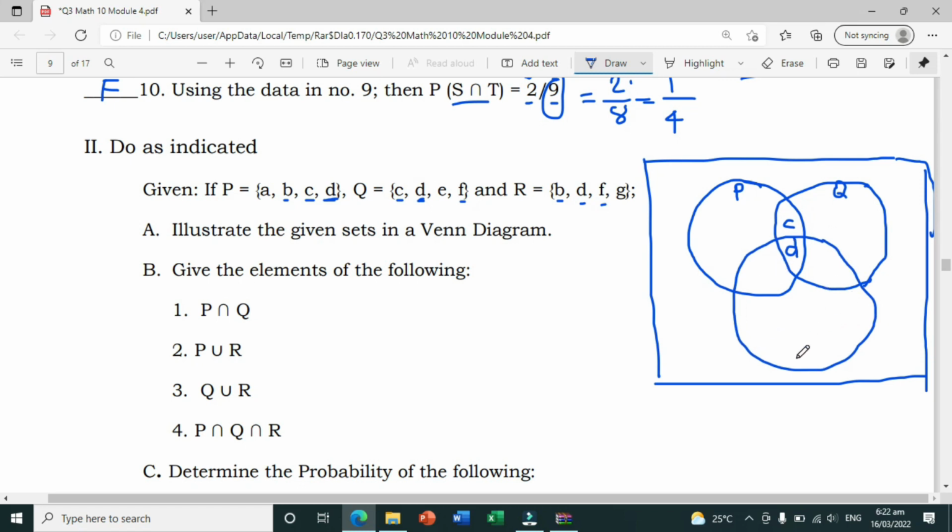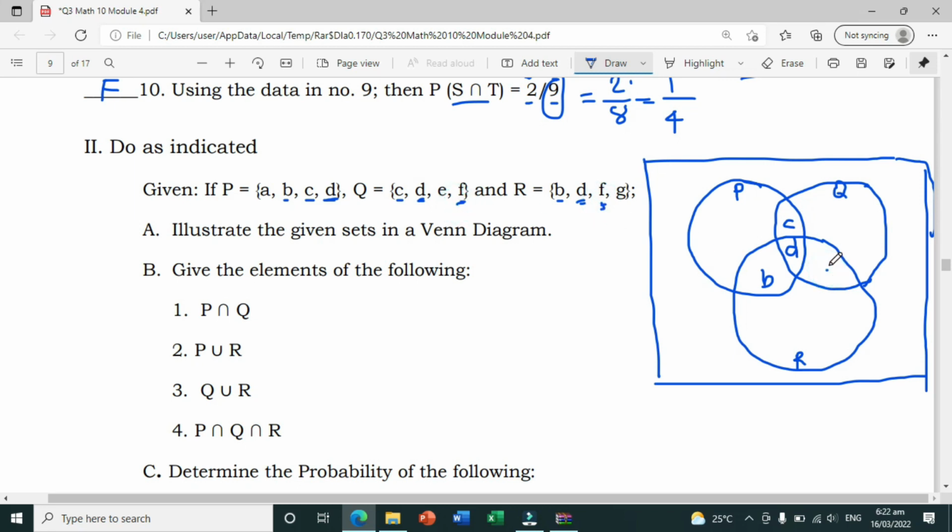So, yung common ni R kay P, what? B. Yan. So, meaning may B dito. Tapos, common din ni R sa P is also D. O, yan. D. Tapos, yung common naman kay R kay Q, so that is F. Yan.